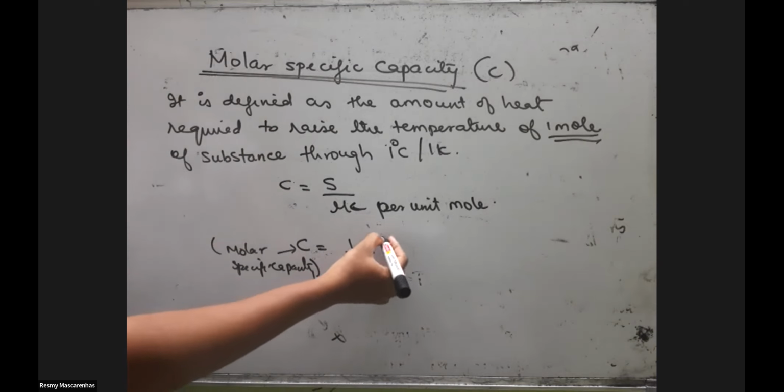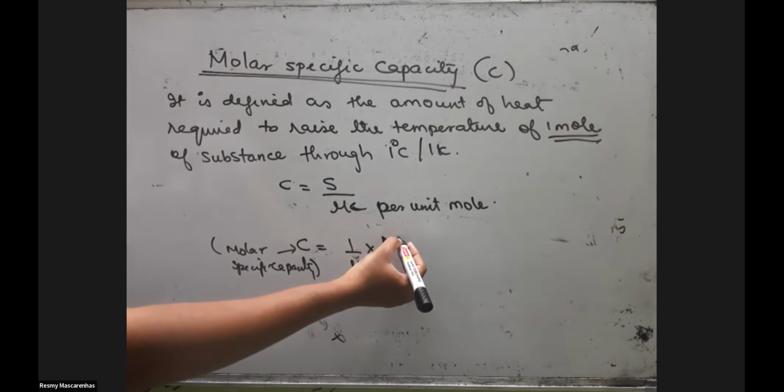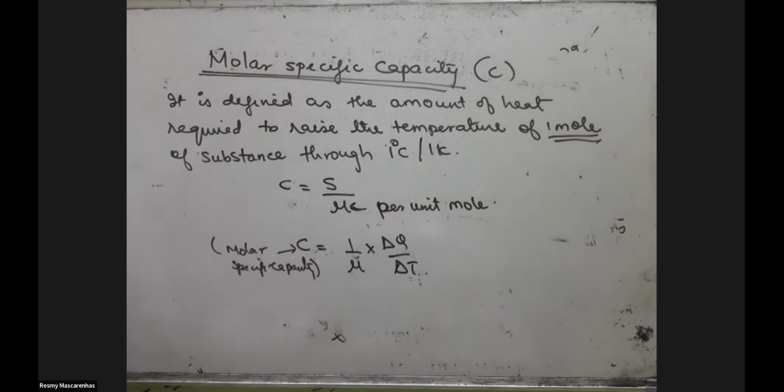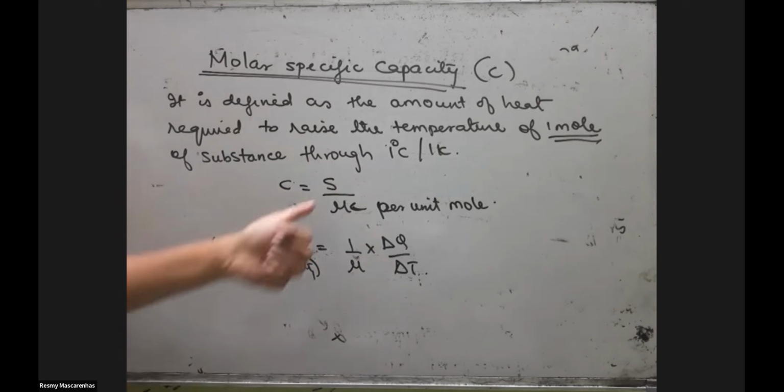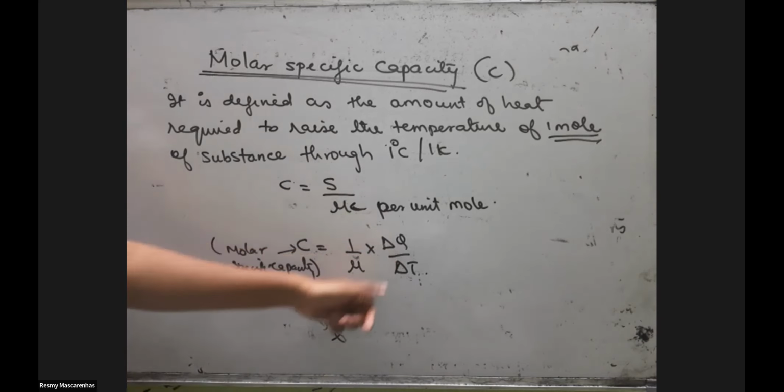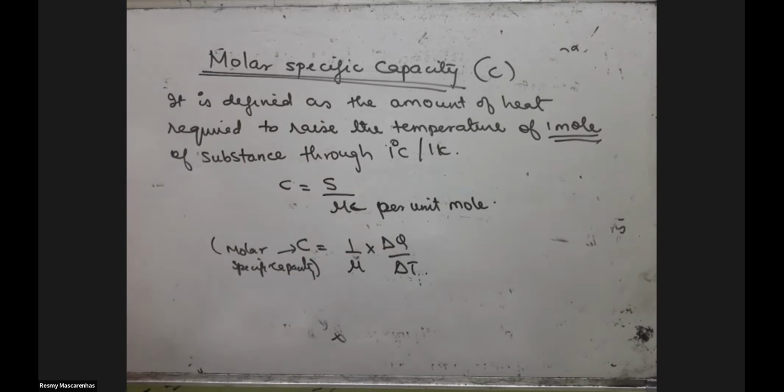So this is delta S, we know it is the change in the temperature, and this is how much heat you need. Just write both the units.